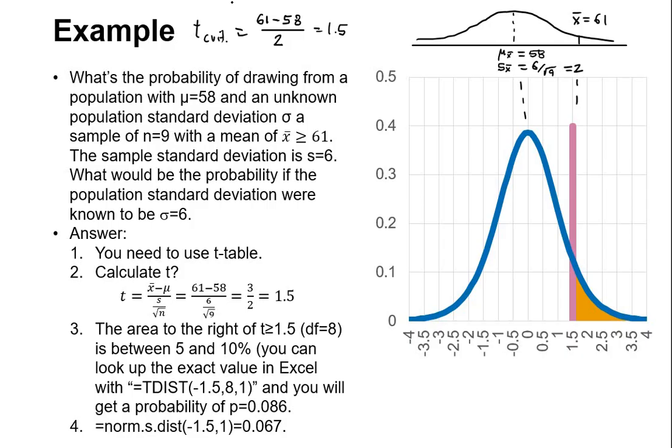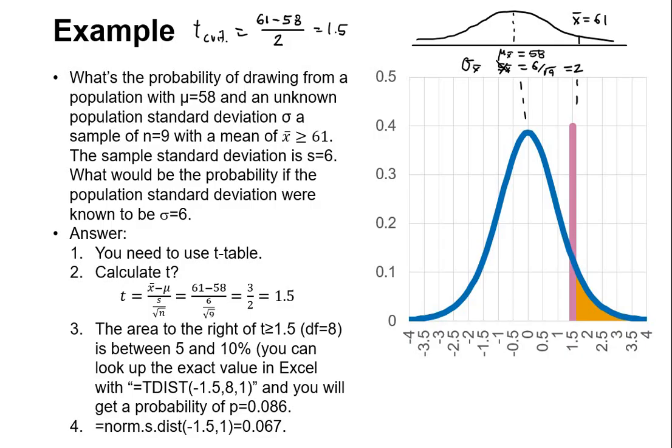So in this case, we would write the standard error not with s, but with sigma, so sigma x bar, because we know it. But because sigma is presumably 6 as well, we will get the same critical value.